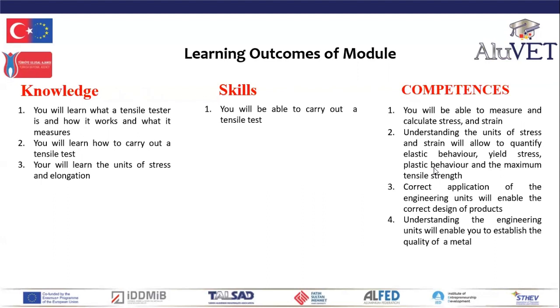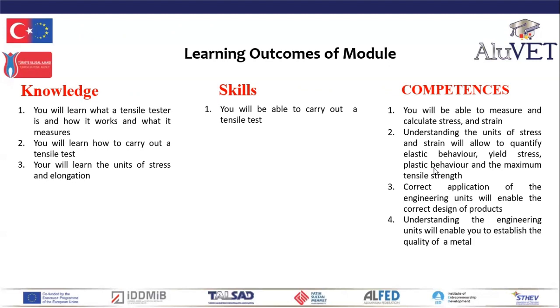This module will explain how to carry out a tensile test. This will enable you to measure and calculate stress and strain, understand the units of stress and strain and how to calculate them, and it will allow you to quantify elastic behavior, determine yield stress, plastic behavior, ultimate elongation, and the maximum tensile strength.